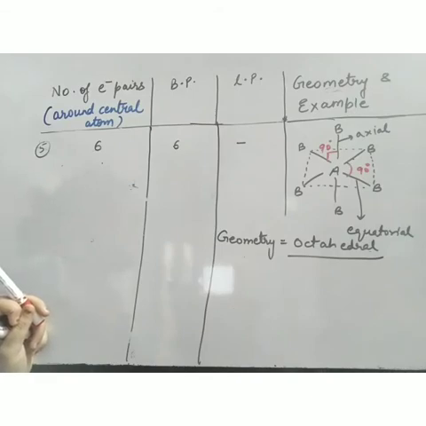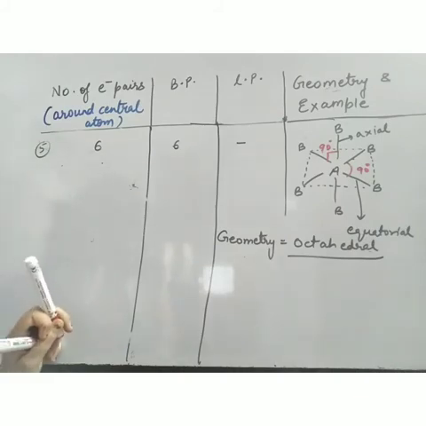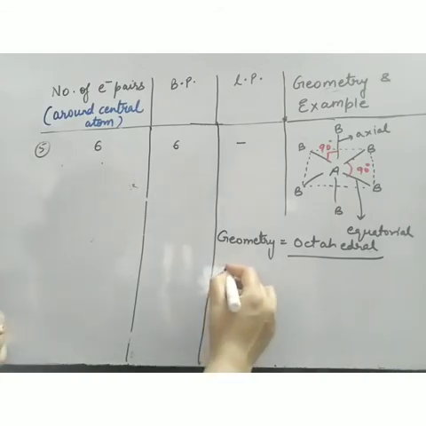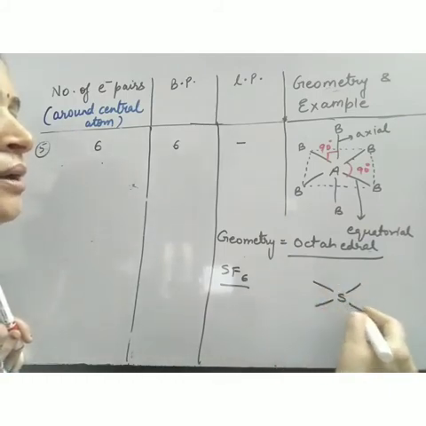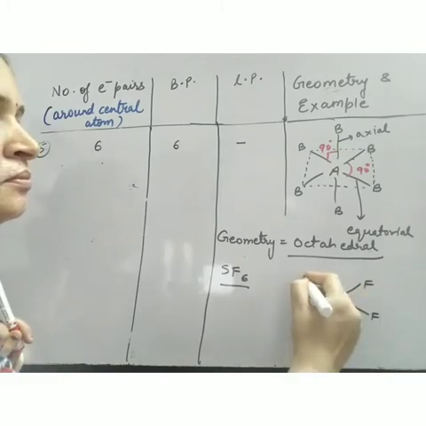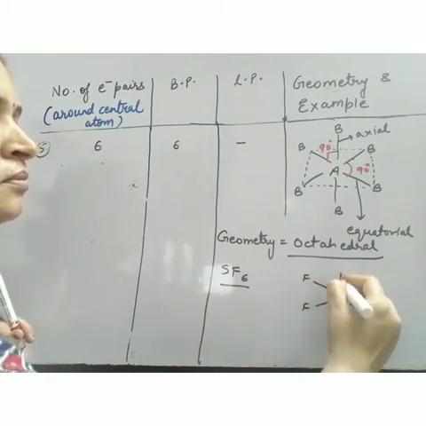Octa here does not mean 8. Octahedron is a shape having 8 faces. So this geometry resembles that octahedron. That's why it is known as octahedral geometry, and it is shown by which molecule? SF6. The sulfur atom is in the center. There are 6 fluorine atoms like this.